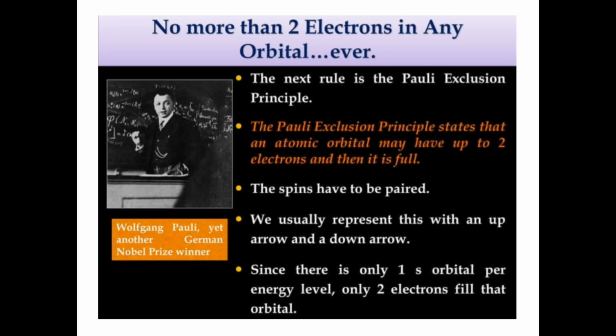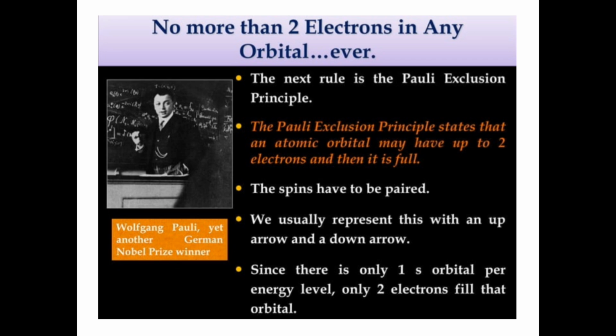Okay, now the next rule we look at is Pauli's exclusion principle. The summary of Pauli's exclusion principle is that no more than 2 electrons can be in any orbital. It states that an atomic orbital may have up to 2 electrons and then it is full.